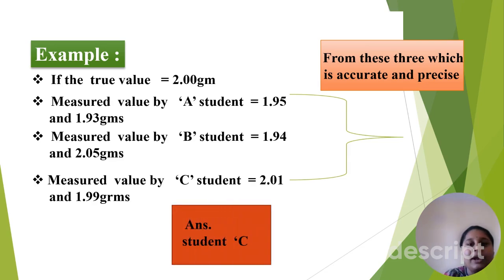So how much do we get? The nearer, accurate and precise value is student C. If the true value is 2 gram, 2.01 is a little accurate. It is nearer. 1.99 is near. It is precise. So we can conclude from this.